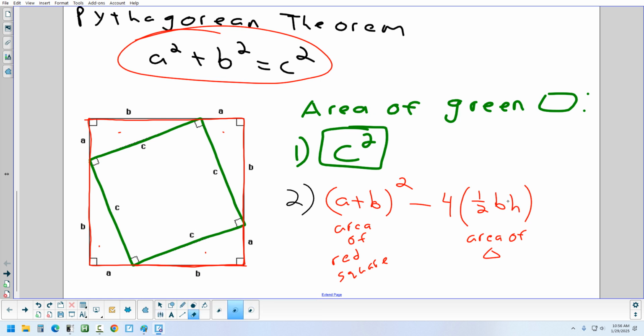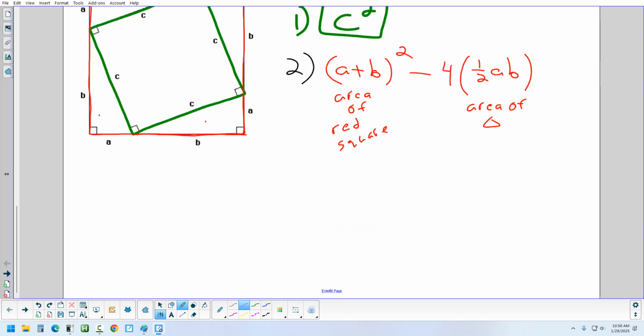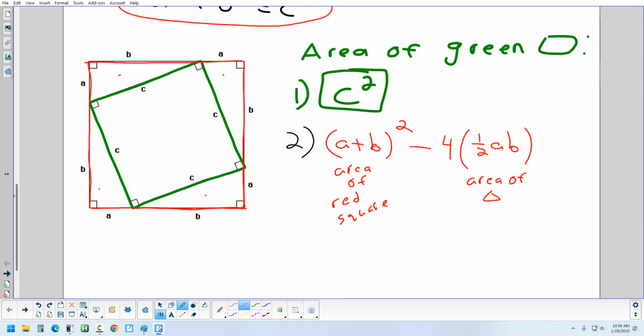Don't fill in BH, put AB, because those are the letters we used. 1/2 base times height. Let's do that out. And whatever we get there, that's another way to find the area of the green square.